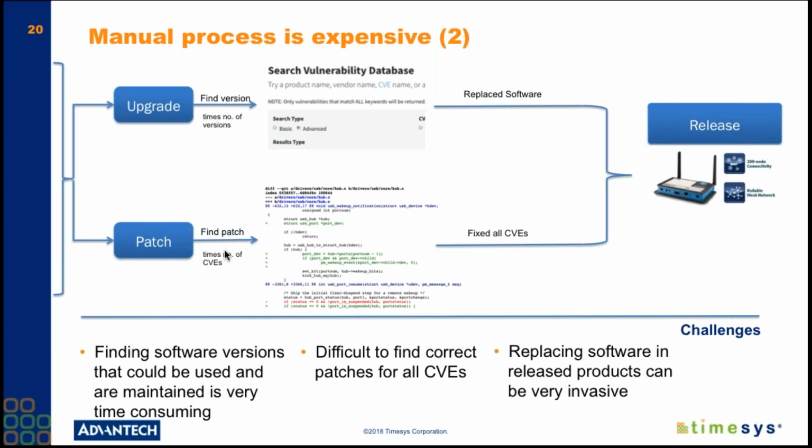And if I apply patches, I would have to maintain perhaps some of them or backport. Replacing software in a product can also be very invasive. So the decision of upgrading a package versus patching that package may affect the scope of testing. So there's a lot of decisions that I would have to make in the process.